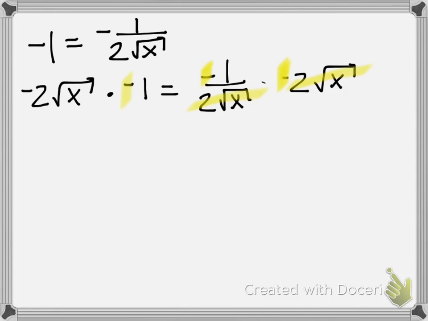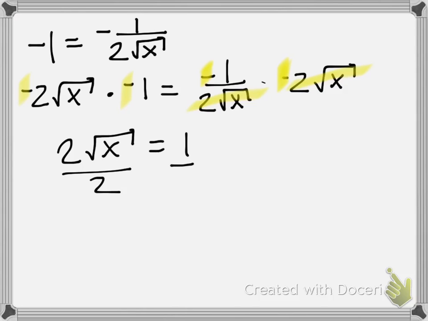And over here as well, we have two negatives, so that's going to be a positive. So we're left with 2 square root of x is equal to 1. Then we're going to divide both sides by 2, and we're left with the square root of x is equal to 1/2.